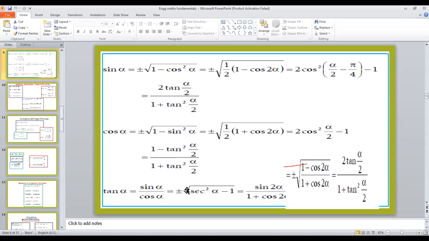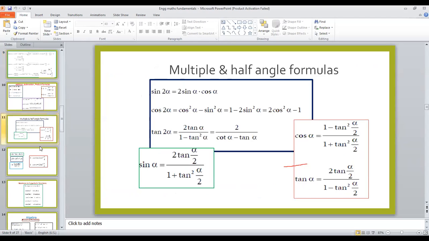What is that tan? It can be written in the form of sin by cos, or plus minus root of sec square alpha minus 1. So it is also written as 2 tan alpha by 2 upon 1 plus tan square alpha by 2. These formulas are there in half angle as well as multiple angle.